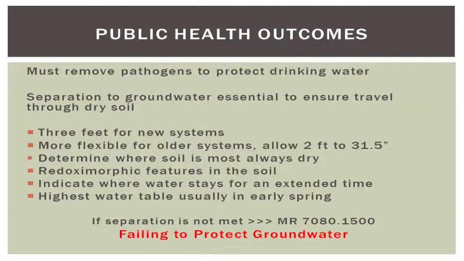Now, what you need to remember, which is maybe not readily apparent, is that the water table in Minnesota fluctuates on a yearly basis. So we design on the very highest level in the soil that occurs on a regular basis, for a prolonged period of time, usually a few months.